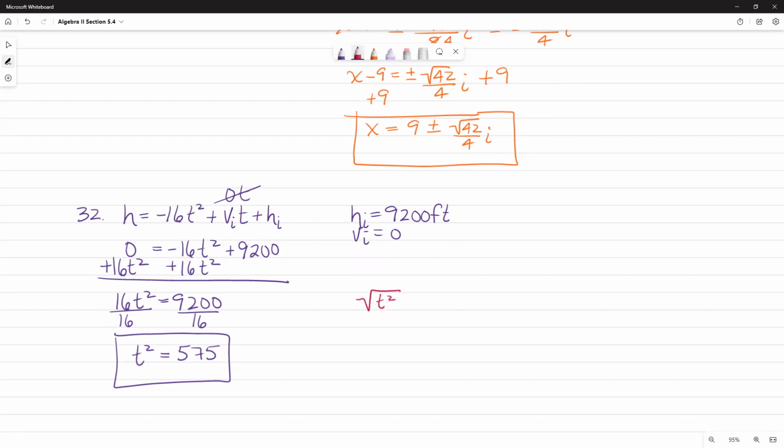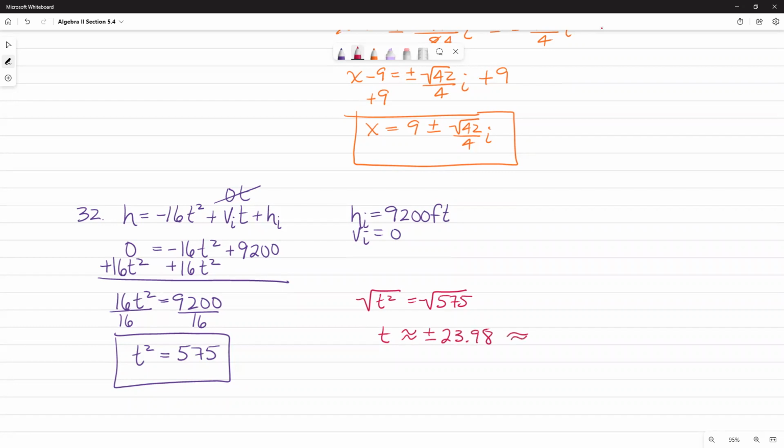Square root of t squared equals the square root of 575. And so t equals, let's do square root, oh, that's weird, 575 square root equals approximately plus or minus 23.98.